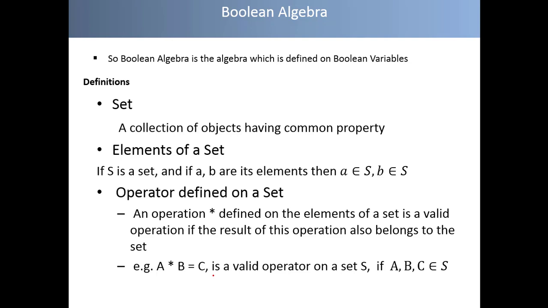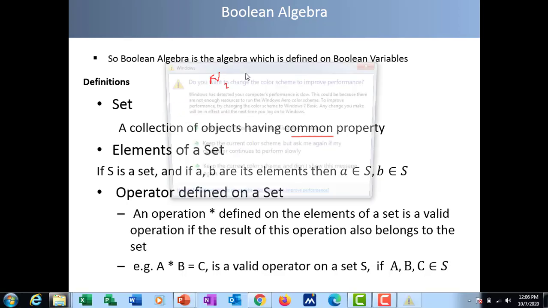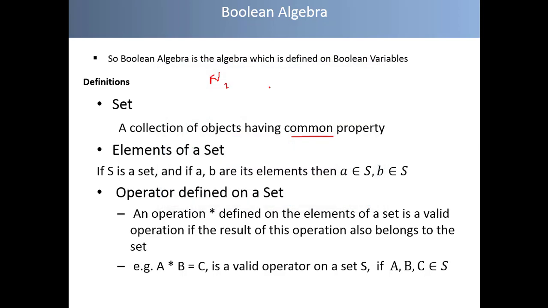A few more concepts on Boolean algebra are as follows. What is a set? A set is basically a collection of similar objects, that is, objects that have a common property. For example, in classical algebra you have seen the set of natural numbers, set of integers, set of real numbers, and so on.